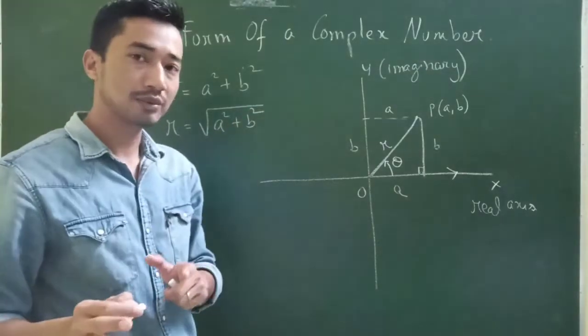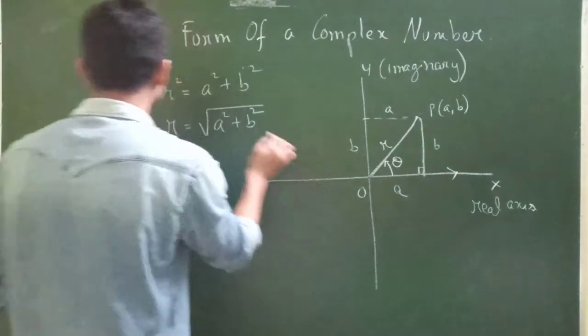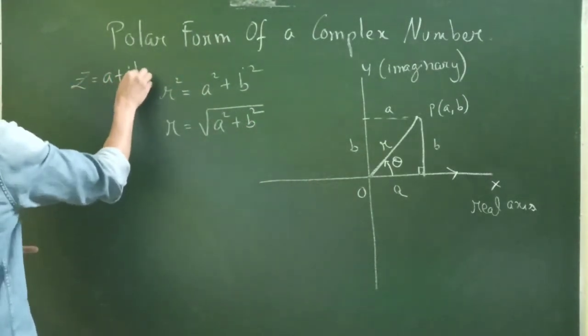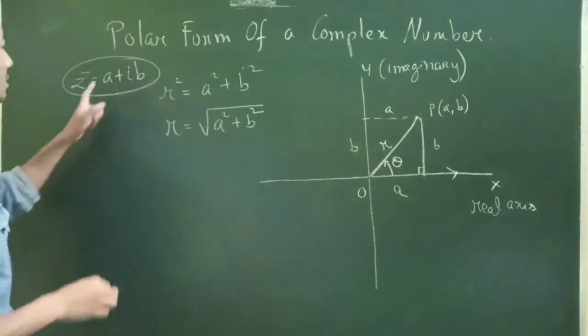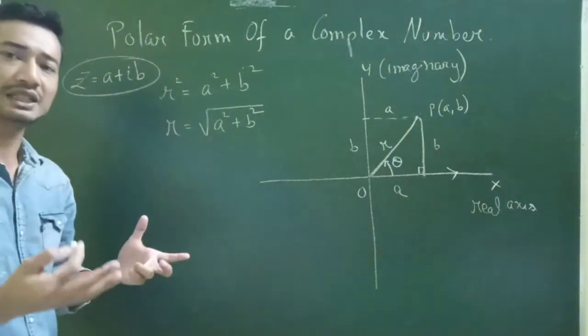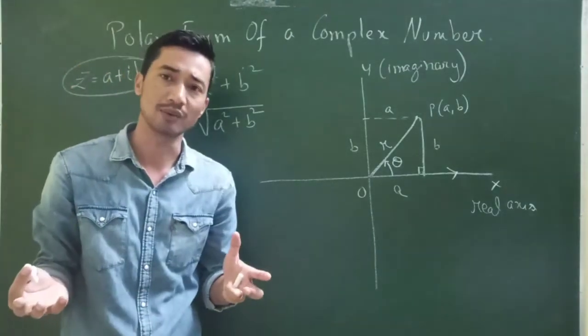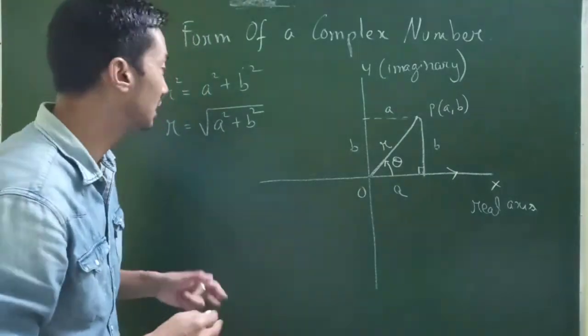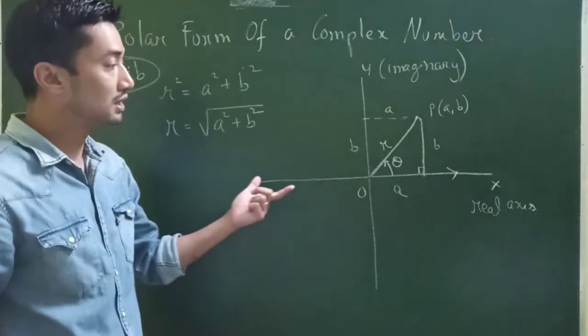This is in line with the complex number. Our complex number we assumed to be A plus iB. In some textbooks, instead of A plus iB, they use different letters, that is X plus iY. It really doesn't matter, the letters don't matter that much. So the value of r is easy to find out.